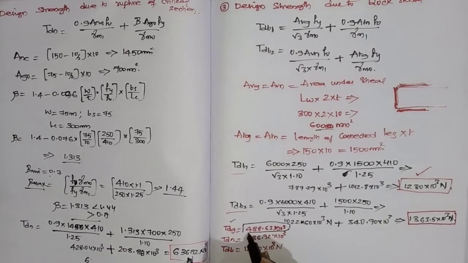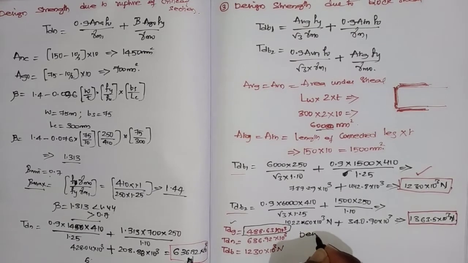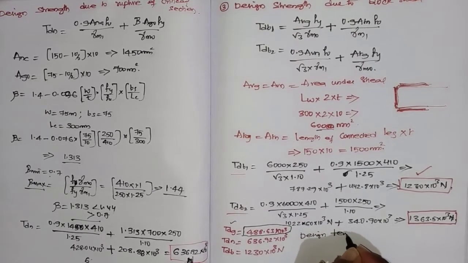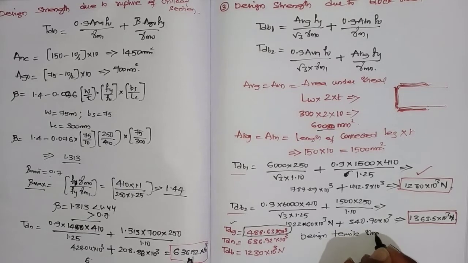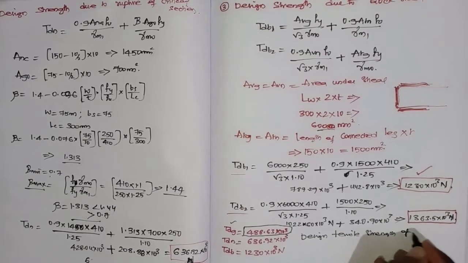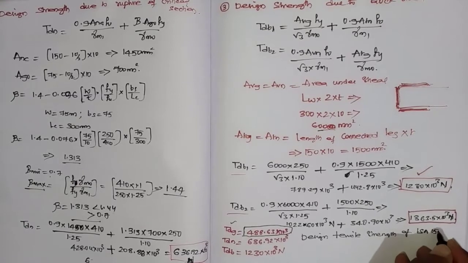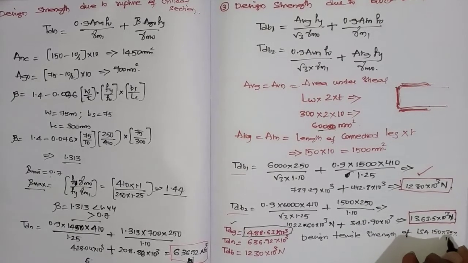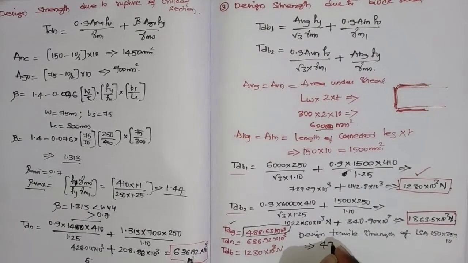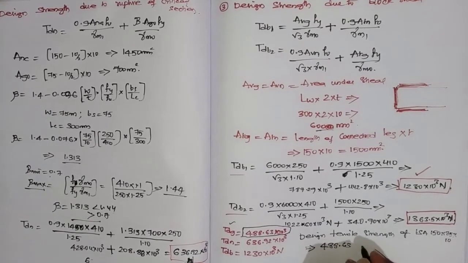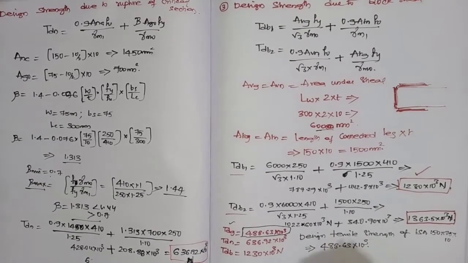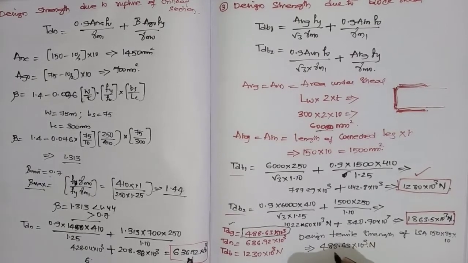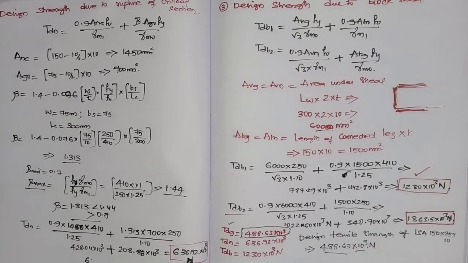So the design tensile strength of ISA 150 by 75 by 10 mm is how much? 488.63 into 10 power 3 newtons. This is the design strength value we can obtain for the given section. Okay, so we'll see the next problem.